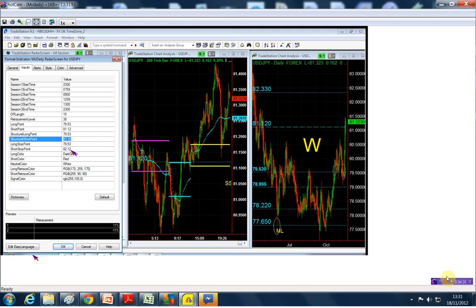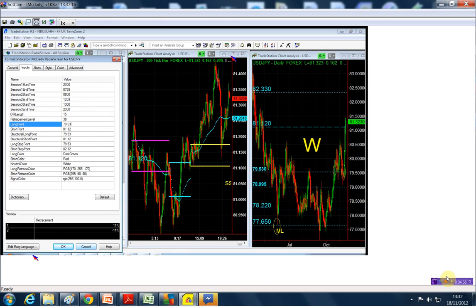Therefore, we put our stop as the same. Technically, you give it 10 pips or something like that within common sense, but we do that so that we can remain consistent and you can know how strong the entry is. So we're only going to go short below the 81.12, which is our structural short point.